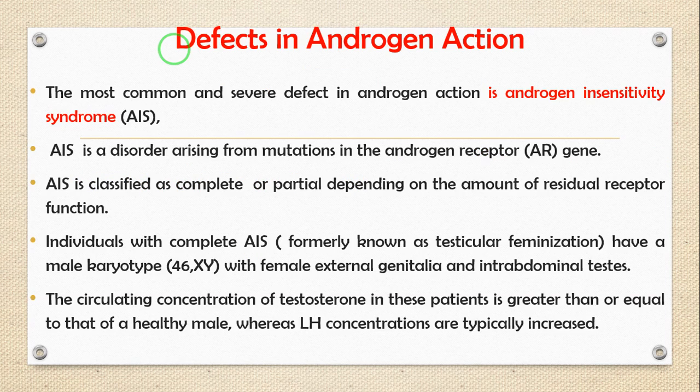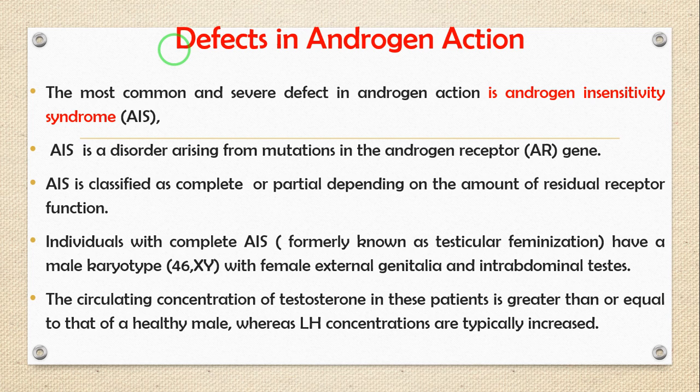The other abnormality is when we have a defect in the androgen action. In this condition, the defect is in the receptor. We have a mutation in the androgen receptor gene. It is also called androgen insensitivity syndrome, which could be partial or complete depending on how much of the receptor is working.